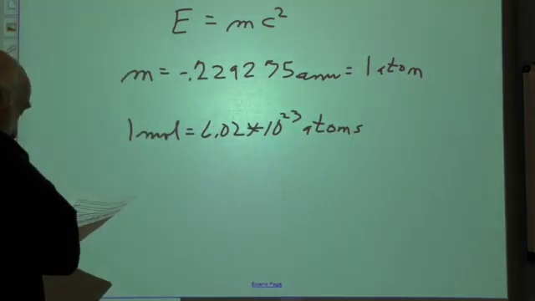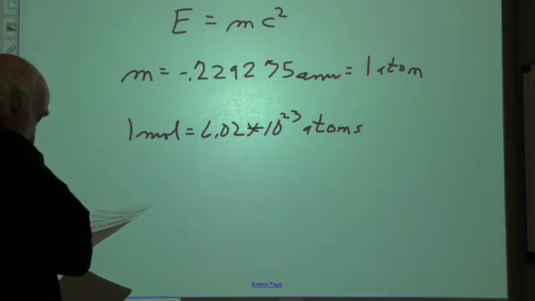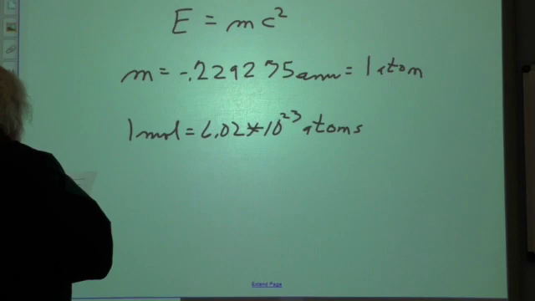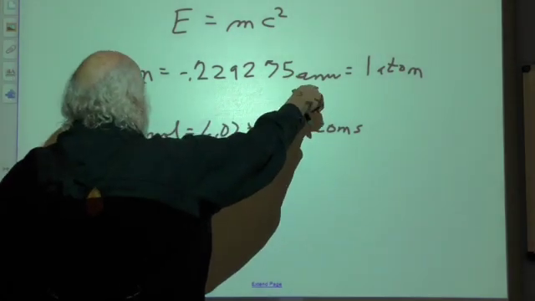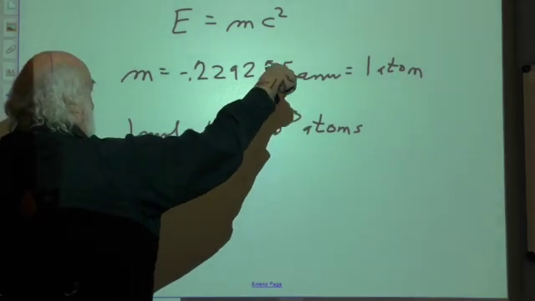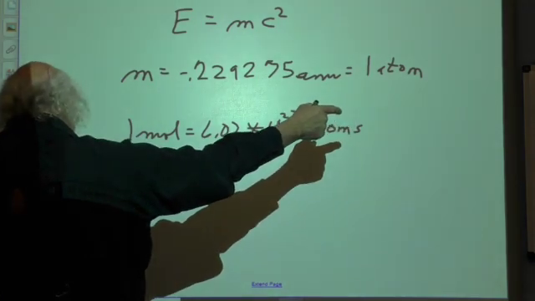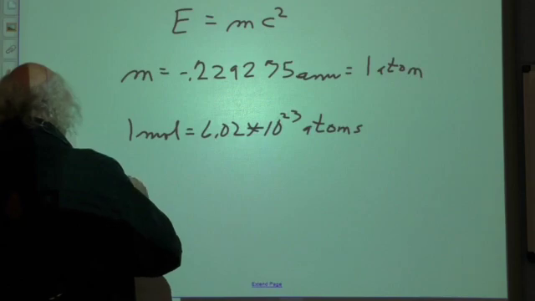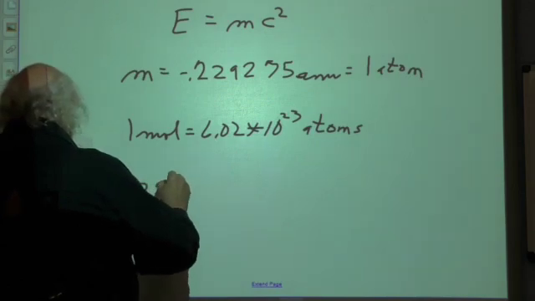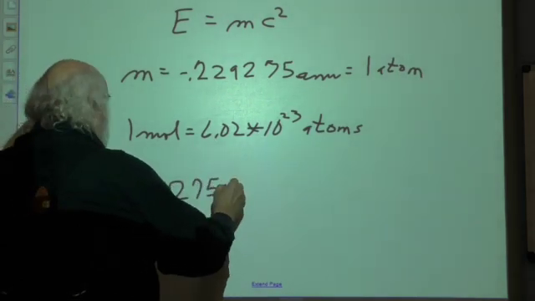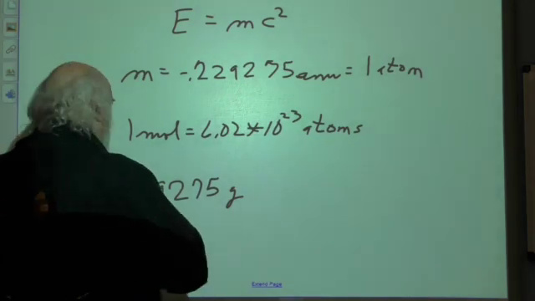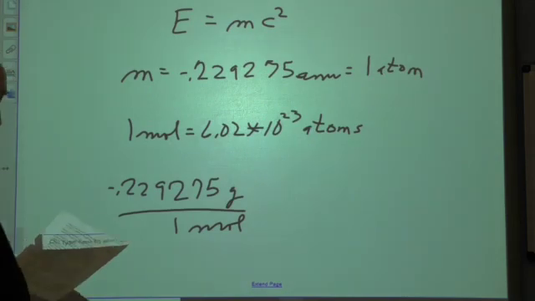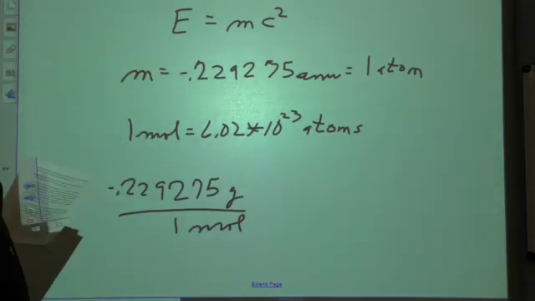Okay, so that being the case, then I'm going to take the AMUs, and since that's equal to 1 atom, I'm going to have negative 0.229275 grams per 1 mole, since that's what that is telling us right there.